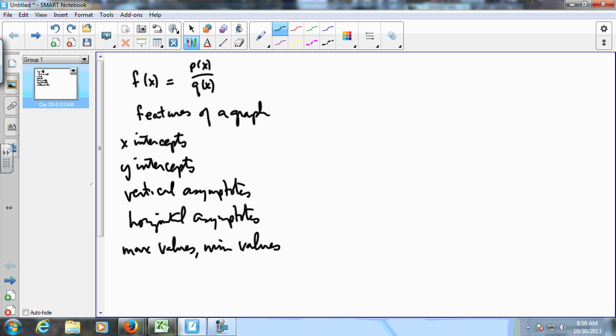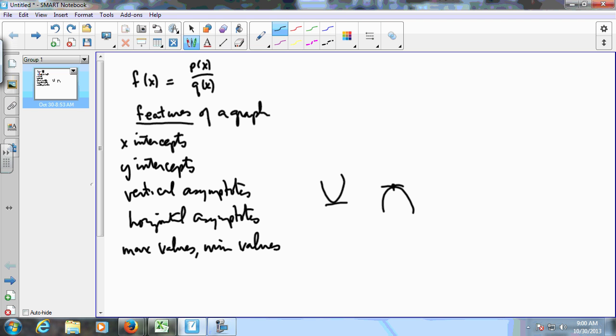I'm thinking like the vertex of a quadratic function gives a maximum value if the quadratic is aimed up, or, I guess, if a quadratic is aimed up, it gives a minimum value. If the quadratic graph, the parabola, is aimed down, then the place where the vertex happens is a maximum value. That might be something that's worth noting.